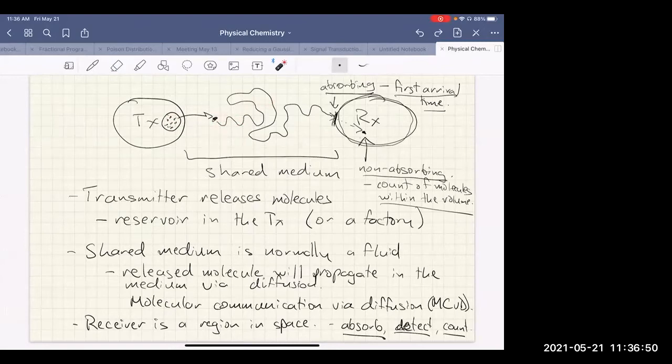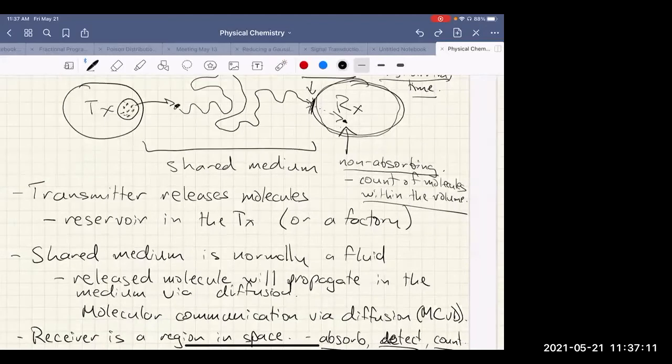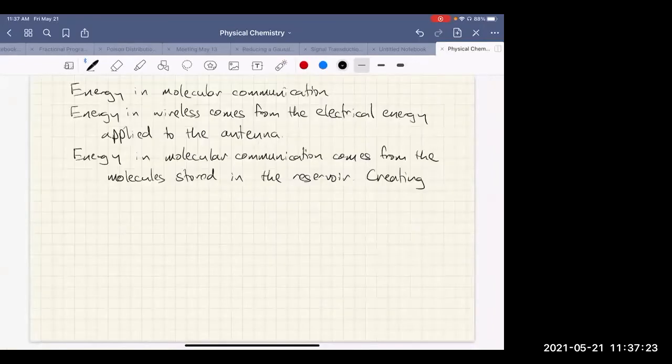Actually, there's no energy that's required in this process, at least from the transmitter's perspective. But the energy expended by the transmitter is the energy that's required to create this reservoir. So creating the reservoir takes energy.